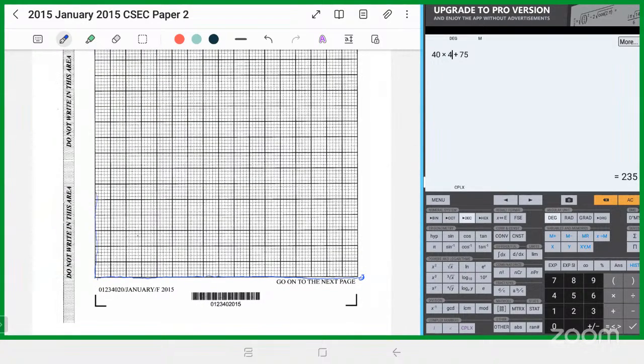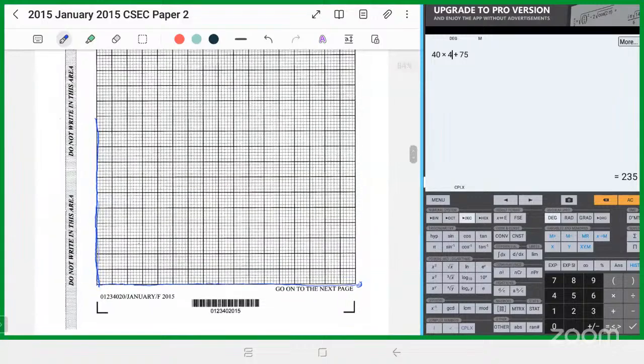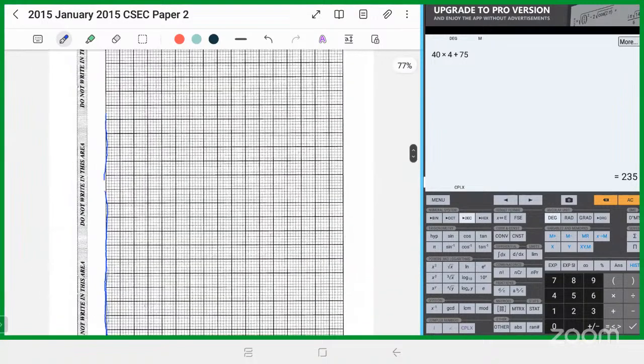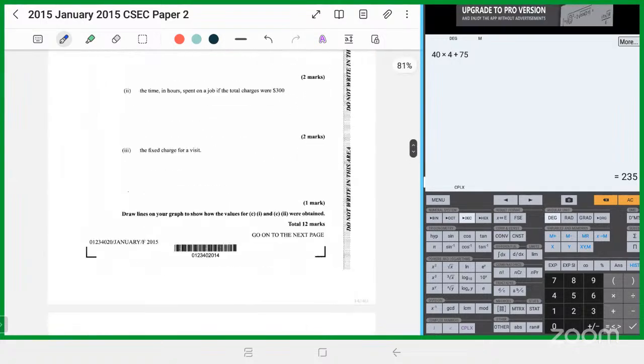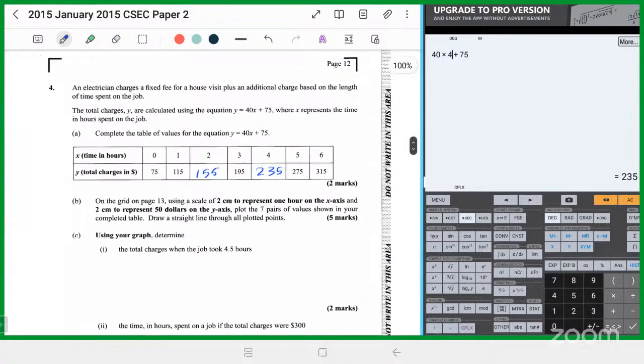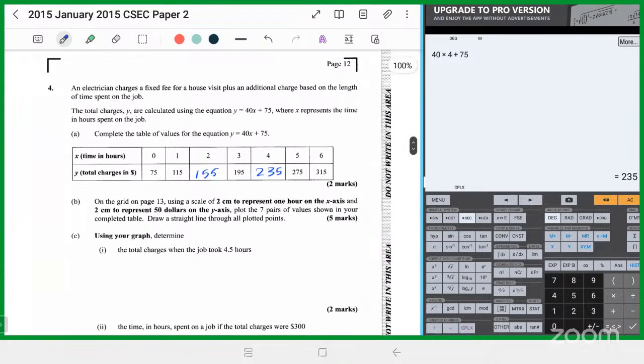The scale is 2 centimeters to 1 hour and 2 centimeters to $50.